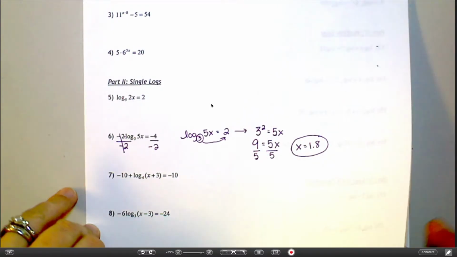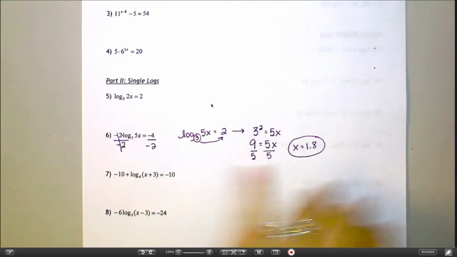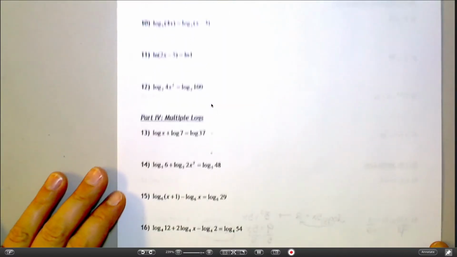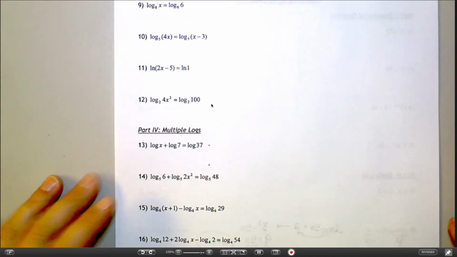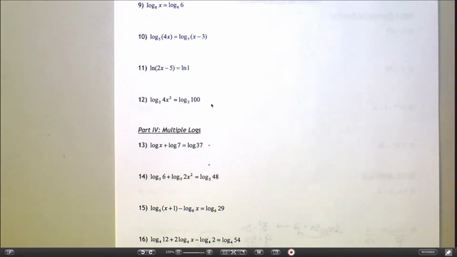Okay, did I hear number 10 we needed? From number 10? Okay. When I have 2 logs equal to each other, where they're the same base, and I don't have any other random numbers floating around out there, what's the easiest thing to do with something like number 10?